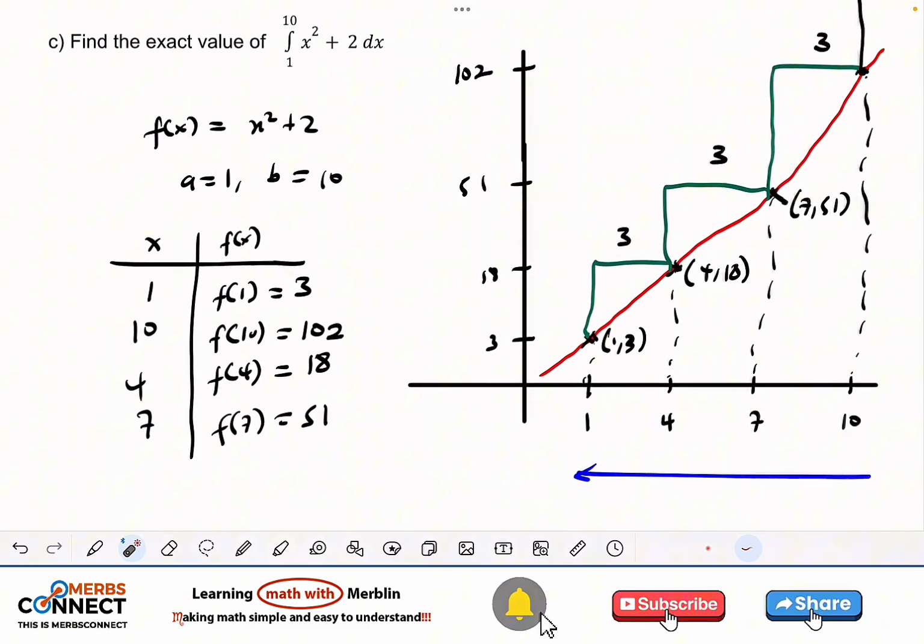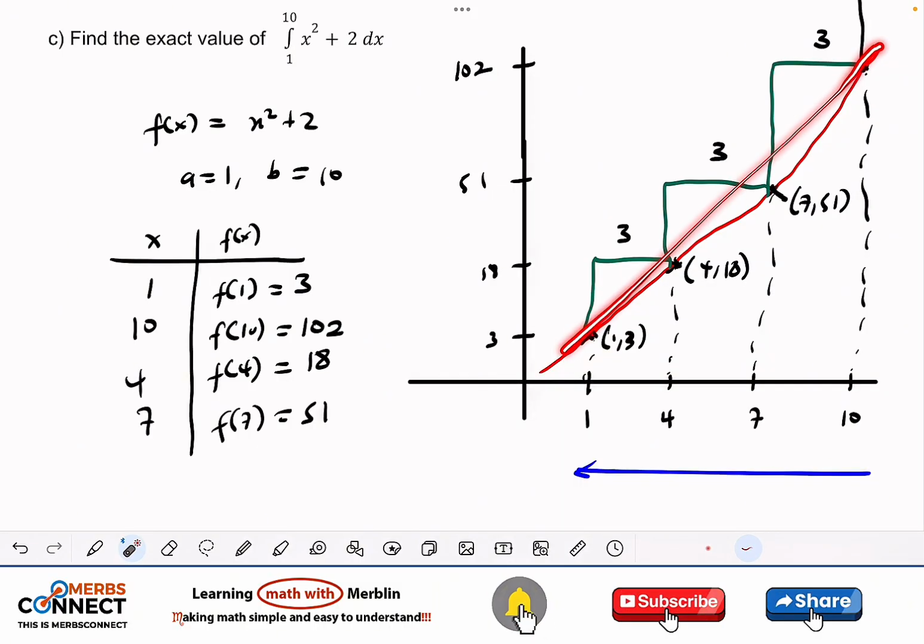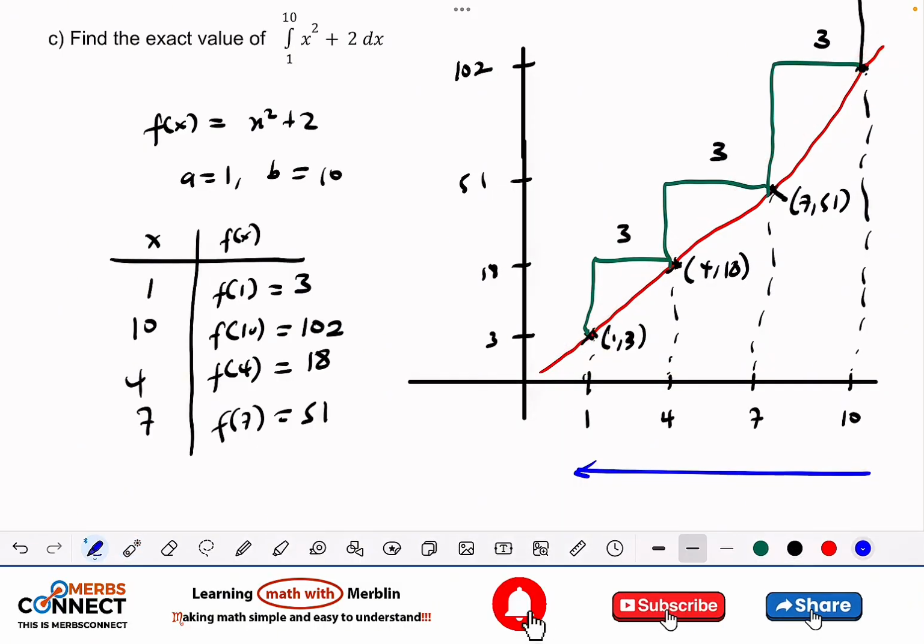Left hand point, we move from top to down, right? So we want to now move from here to this, move from here to this, and then move from here to that. So the same point, this is 3, this is 3, this is also 3. But now we are moving from this side.